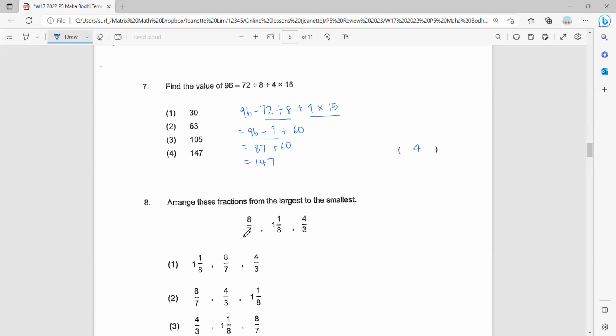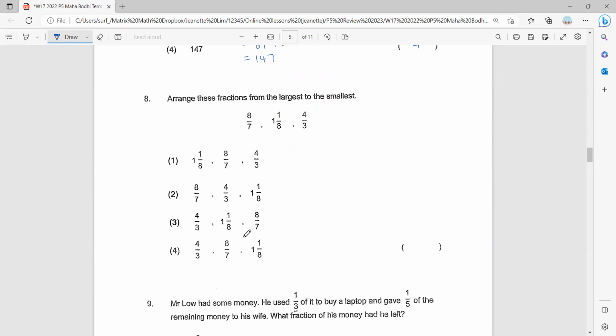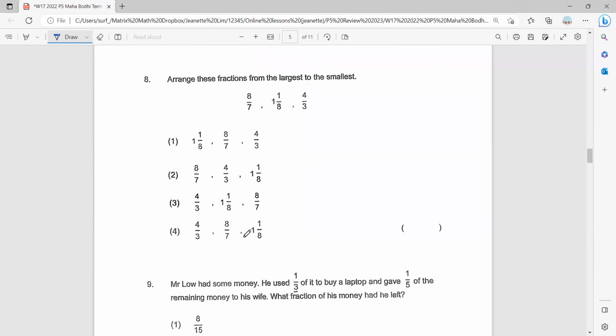Okay, question 8. Arrange these fractions from the largest to the smallest. Let's change all to mixed numbers first. So this is 1 and 1/7. This is 1 and 1/3. Okay, everything has one whole. So we now compare the fraction portion.